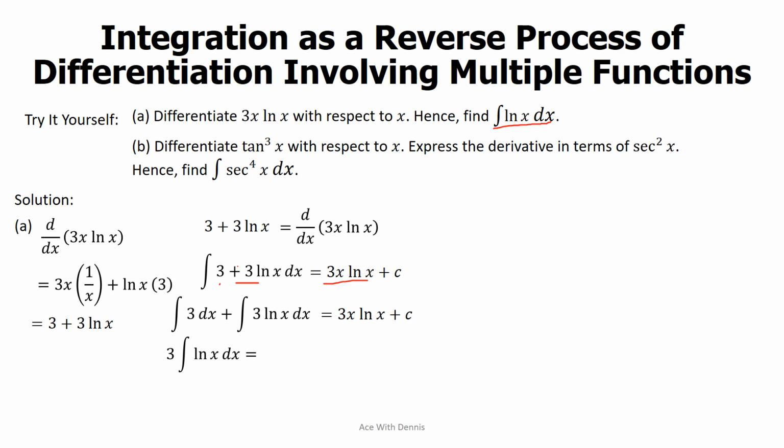Therefore, 3 times integration of ln x dx equals 3x ln x minus integration of 3 dx plus c, which is 3x ln x minus 3x plus c. Next step, everything divided by 3, we get integration of ln x dx equals x ln x minus x plus c.